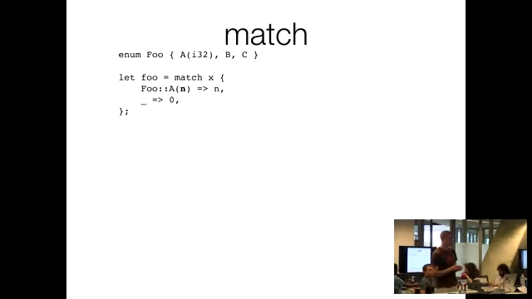So when we pattern match using the match statement, in the A case, we can bind a new variable n to the value, and we can use that value in the code block, and return it as the value of the match statement. In this case, all the branches have to have the same type. So in the default case, we use 0, and then we assign all that into the variable, little case foo.